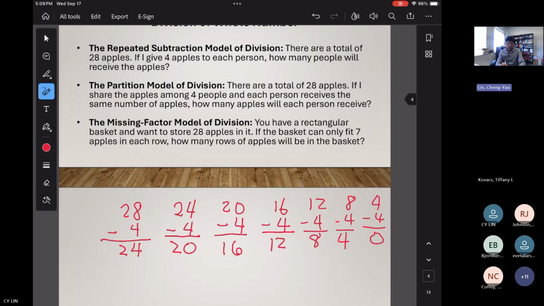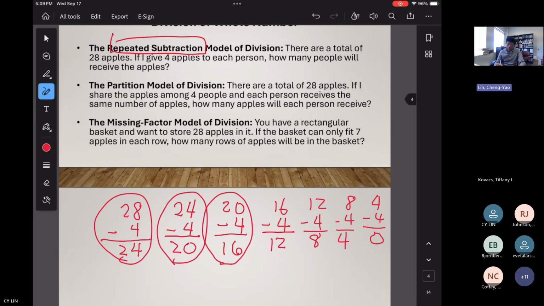So how many times did I repeat the subtraction? 1, 2, 3, 4, 5, 6, 7.